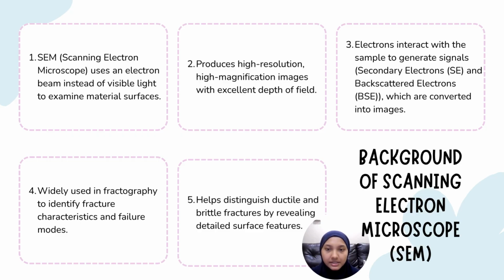In this study, SEM is used in fractography to identify the type of material failure by examining the fracture surface. Through SEM images, we can distinguish whether the material experienced ductile failure or brittle failure and relate the fracture surface features to the material's mechanical properties.